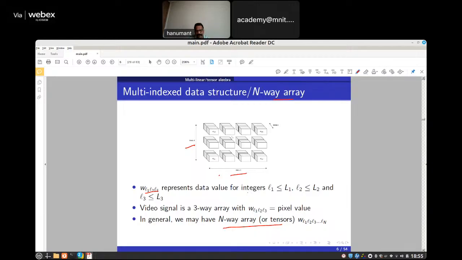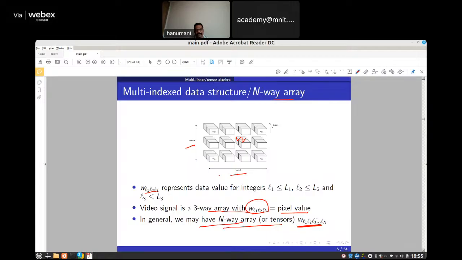A particular pixel can be reached by looking at that particular index and then we assign a pixel value there. In the case of an n-way array, we will have n indices.